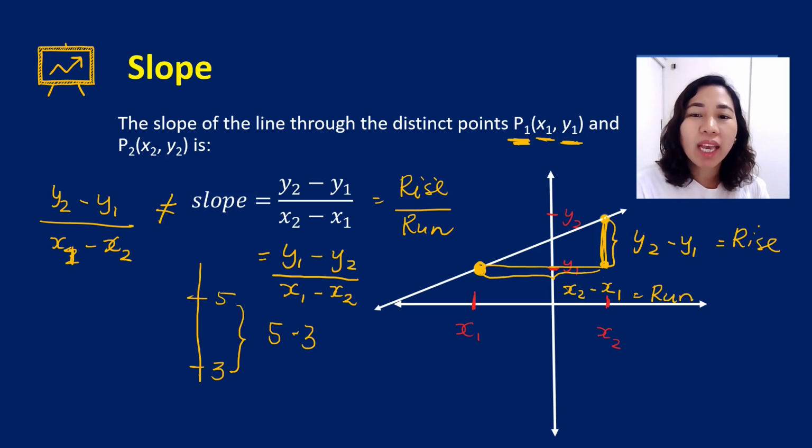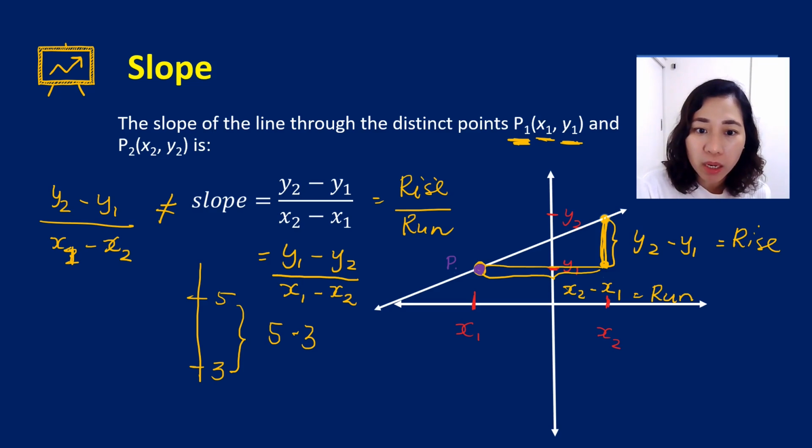Now let us see, why is this called rise over run? So you can think of it this way. I'm here at P1. This is my P1. This is my P2. Okay?